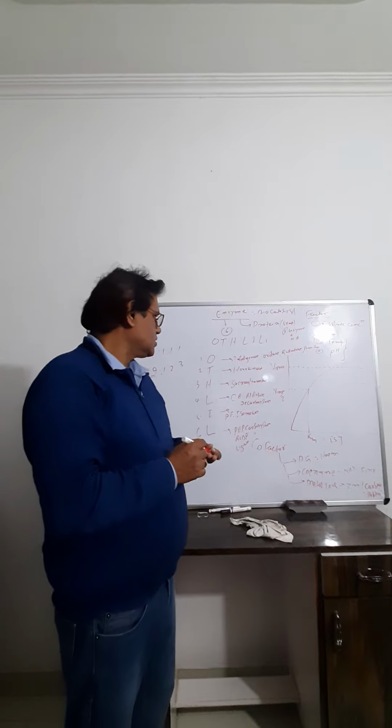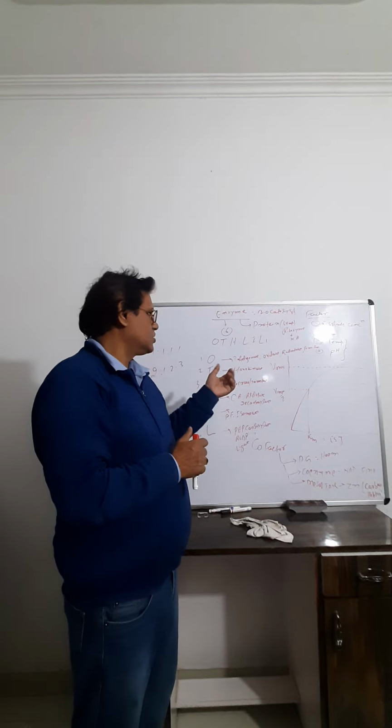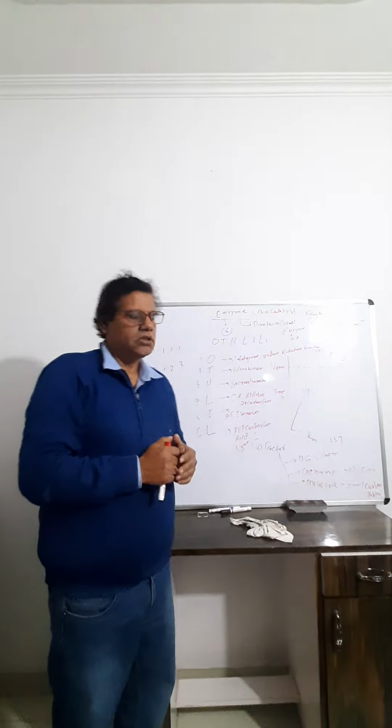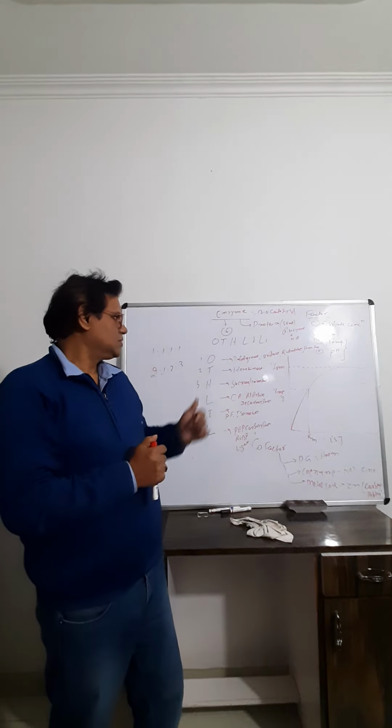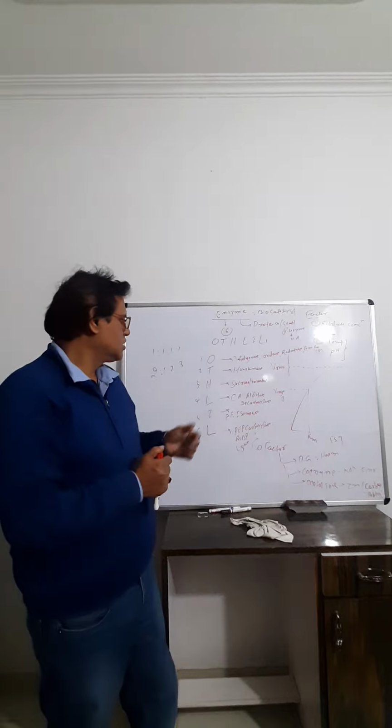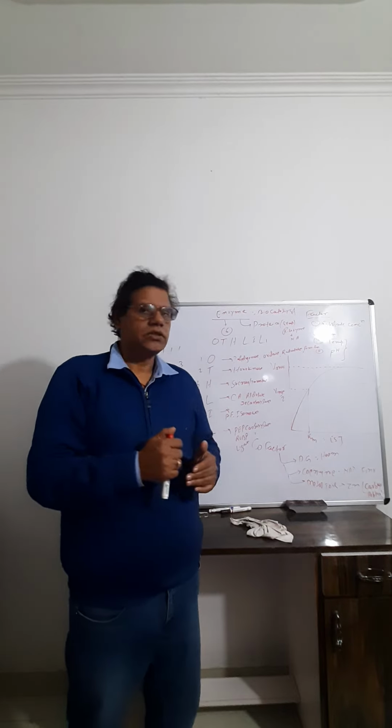So oxidoreductase examples are dehydrogenase, oxidase, reductase, peroxidase, and the transferase is the hexokinase, glucokinase, and hydrolase means there is a hydrolysis.